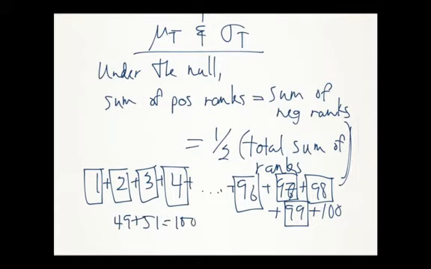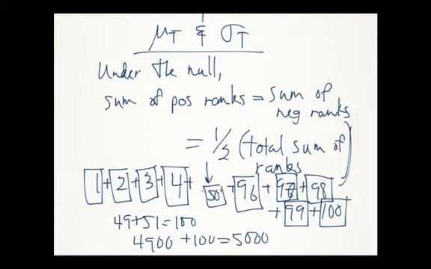So that would give me 4,900. And then I have this 100 left over, so plus 100, I have 5,000. And then right in the middle, there's a 50 left over. So I add this 50, and that gives me 5,050 as the total for adding up 1 to 100.